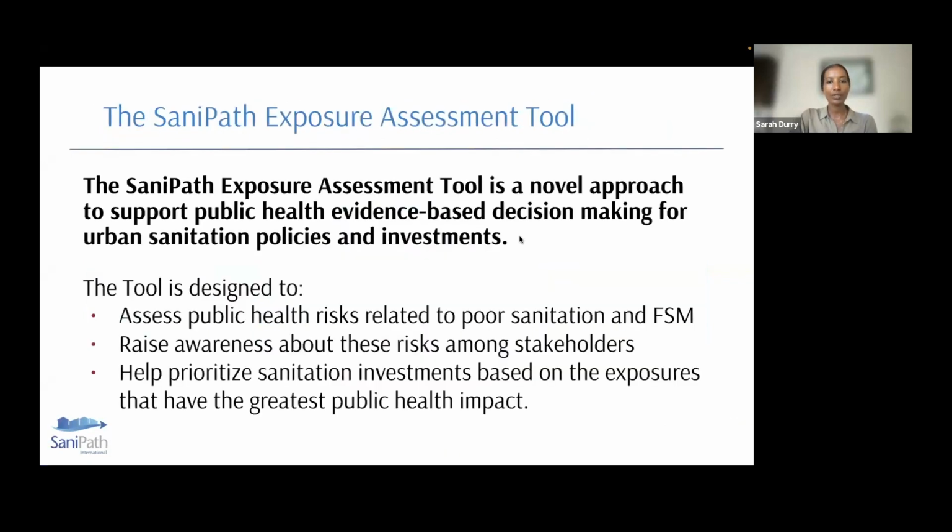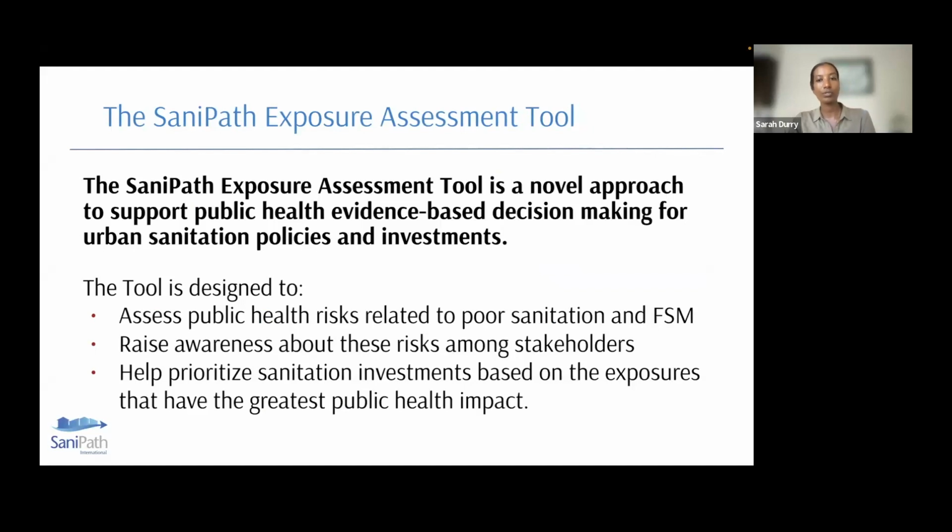So really getting into the tool here, the SaniPath tool is a novel approach to support public health evidence-based decisions for urban sanitation policies and investments. The SaniPath exposure assessment tool is designed to assess public health risks related to poor sanitation and FSM, raise awareness about these risks among stakeholders, and help prioritize investments based on the exposures that have the greatest public health impacts.